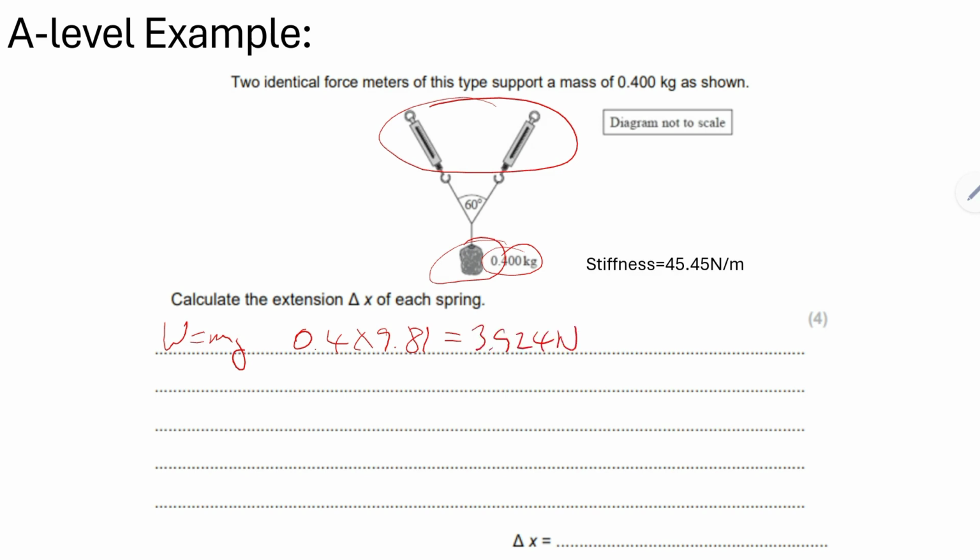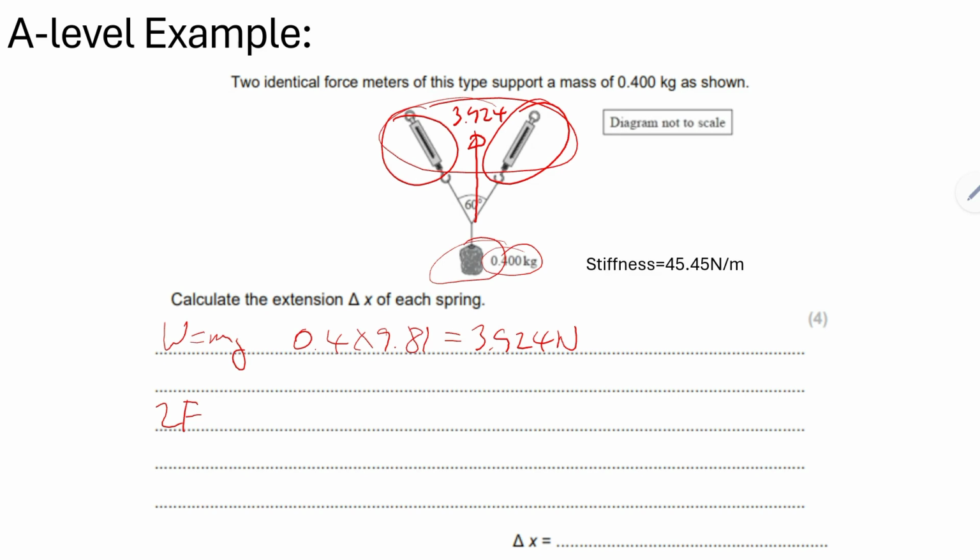3.924 newtons. And so we know that as the rock isn't going down, the upwards force overall will be 3.924, and as there's two force meters, we need to divide it by 2. In other words, we can say that there is, let's label as F, the force coming from each individual spring.